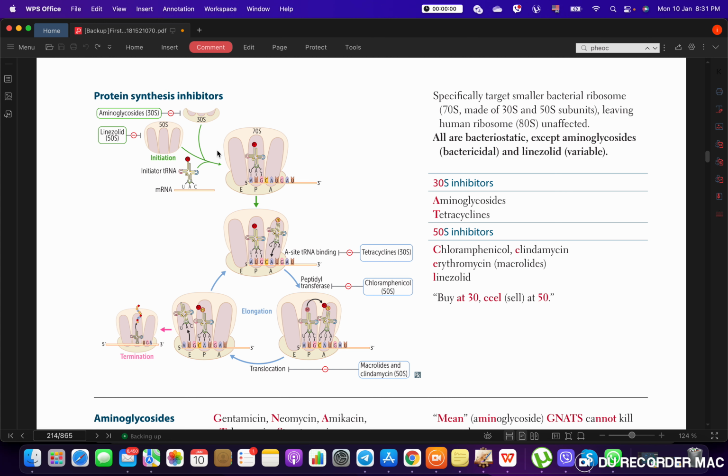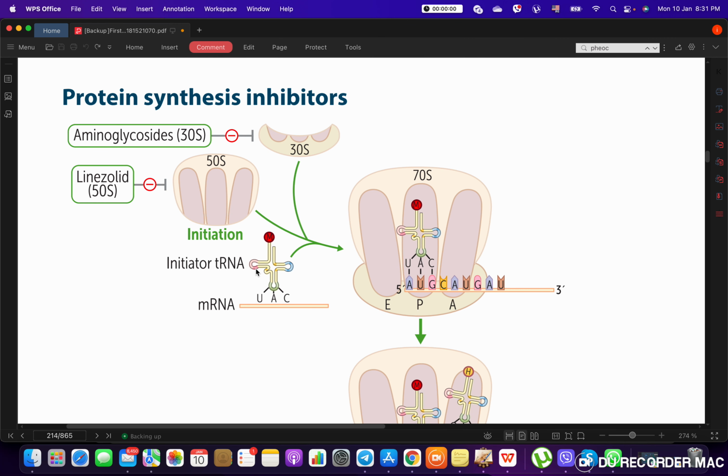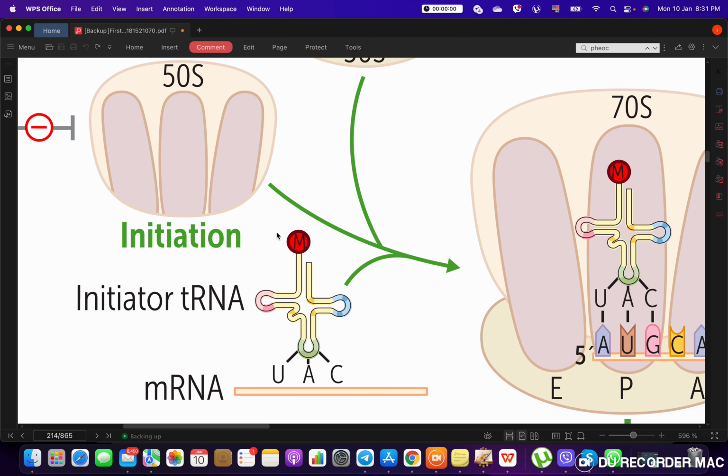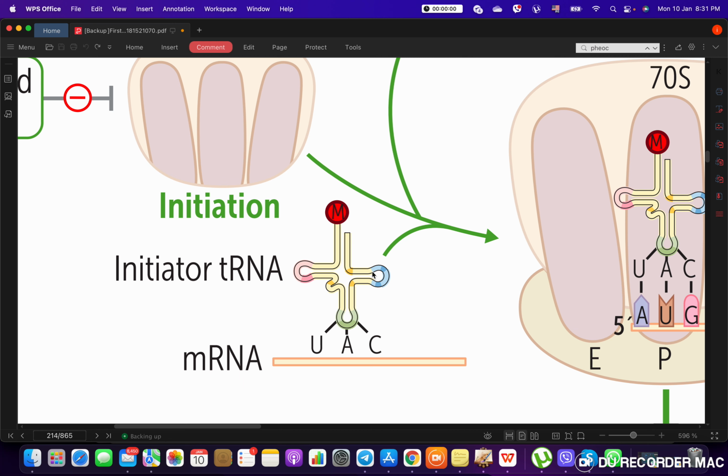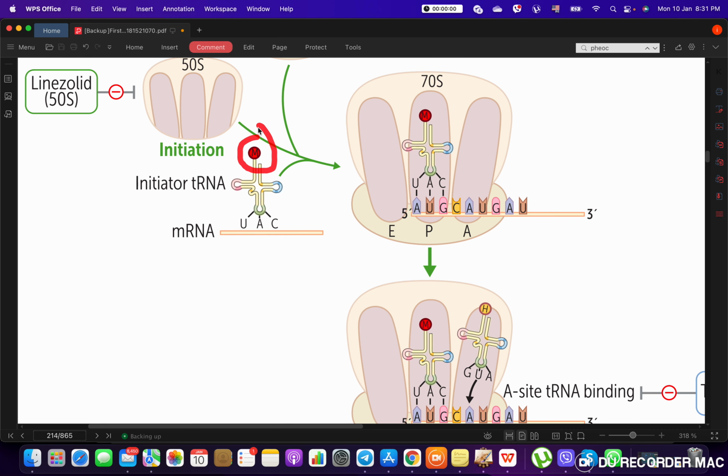So at the initiation step, we have so far aminoglycoside and linezolid inhibiting this process. So the initiator tRNA, what is the function of tRNA? Basically, to transport amino acids around. Notice here, there is like a little particle here, yeah?